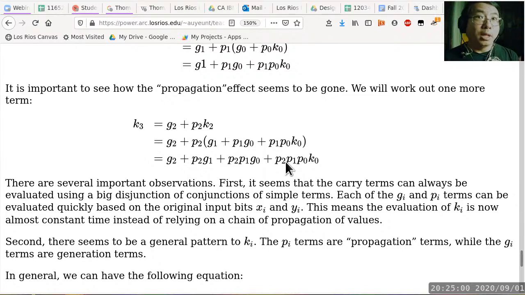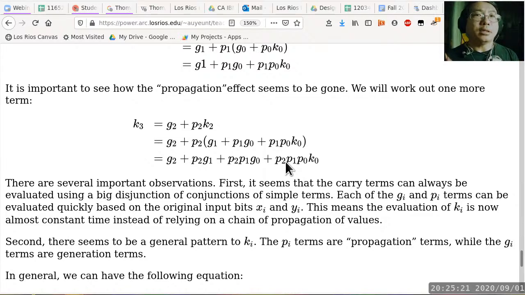Whereas before, the 64-bit adder is going to take 32 times the amount of time of a 2-bit adder because it is linear to the number of bits. But using this technique that we call carry look ahead, it is now becoming constant time.